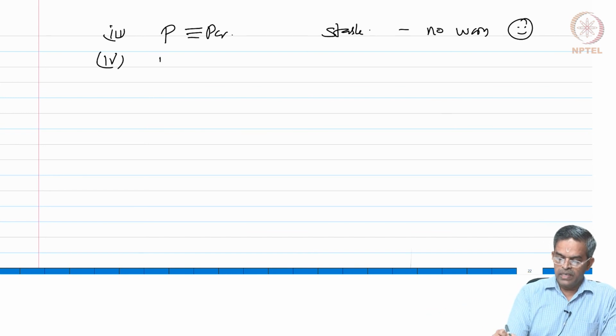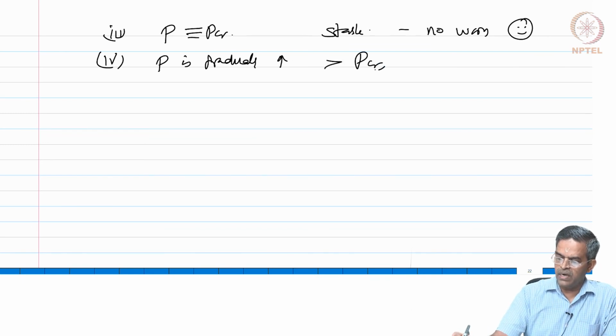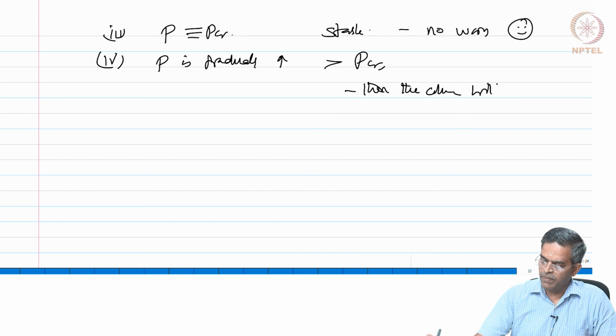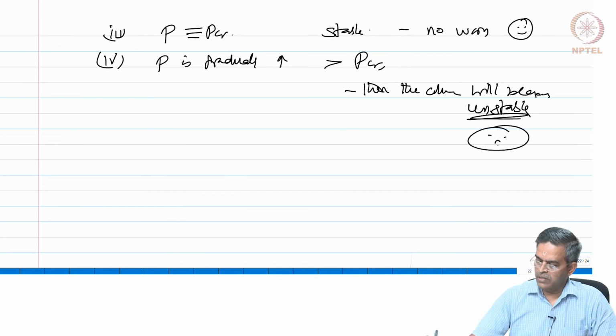But if P is gradually increased more than PCR, then the column will become unstable. This is the point of worry.